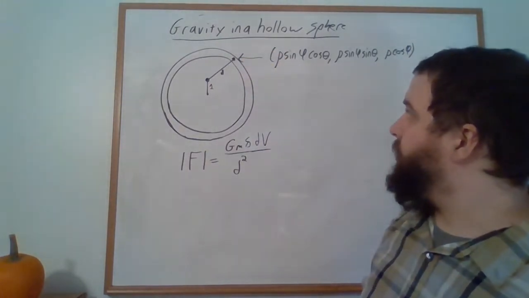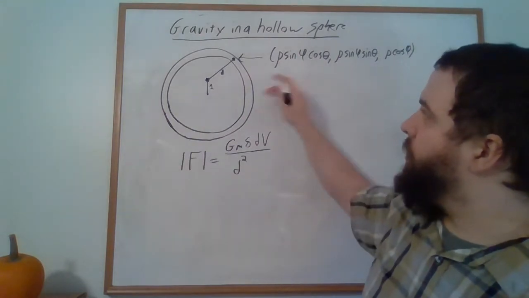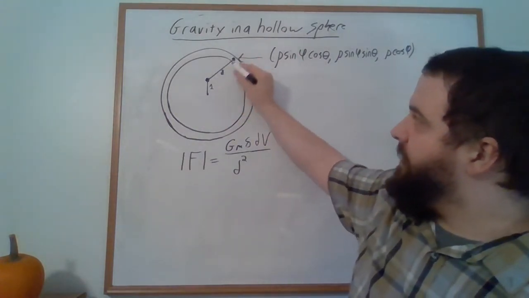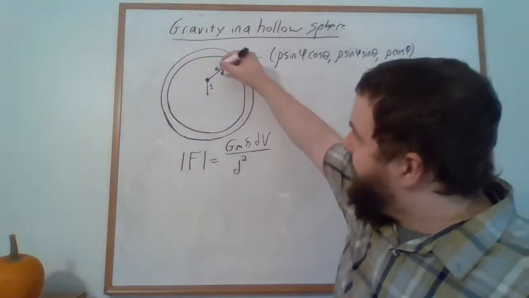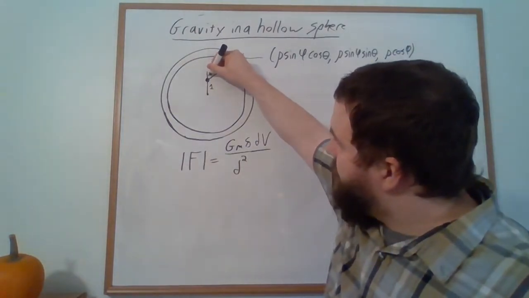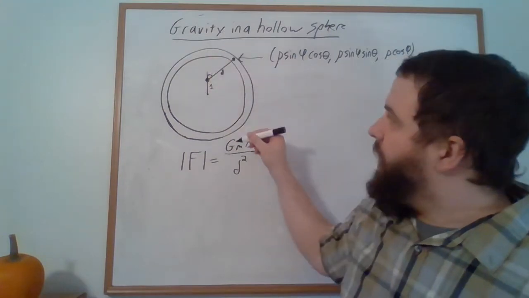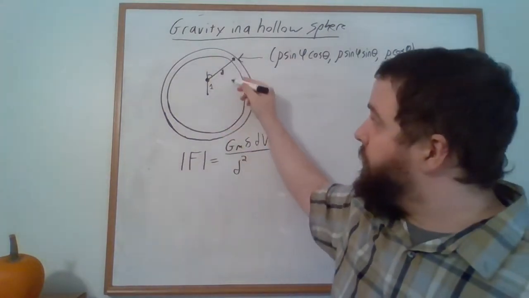And what we're going to have to do is use that to work out what this distance d is, and then we're also going to need to work out what this angle is here, so that we can work out the component of this force.